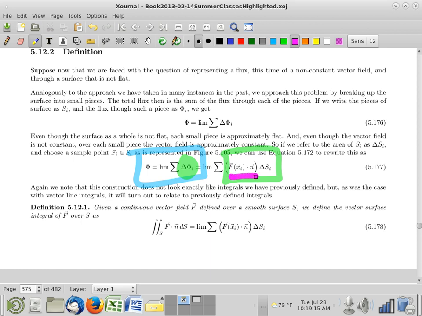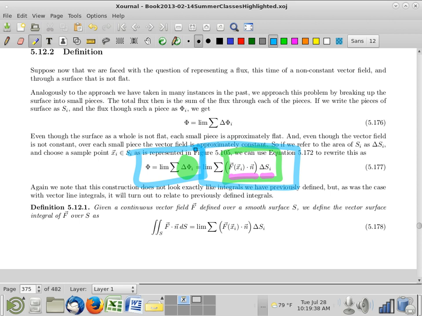F dot N, the area is delta S. That's the good old delta S from scalar surface integrals we talked about last time, just the area of that little piece of surface. So here I'm plugging straight into the old formula on the previous page and getting a new kind of Riemann sum that represents this flux quantity.